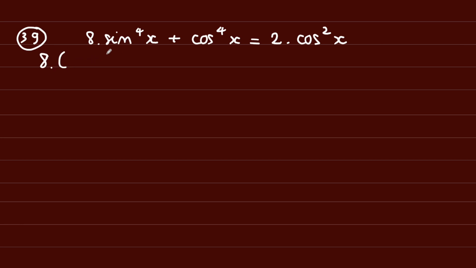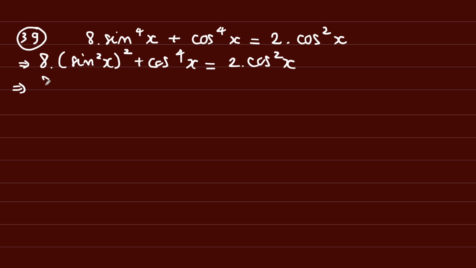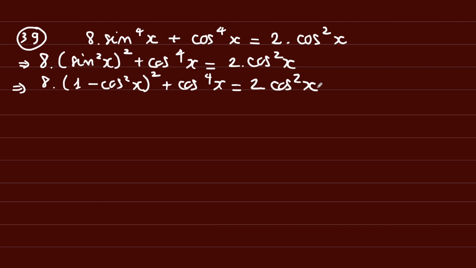Sine to the power of 4 means sine square h, and the outside will be squared like this one. Here is cos to the power of 4. Here is 2, and this one is cos square. And about the sine square h inside the bracket here, I can change this to be expressed in terms of sine square, sorry, in terms of cos square. So you get here outside plus cos to the power of 4 equal to 2 cos square h like this.